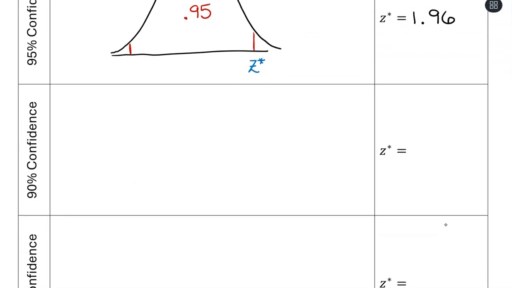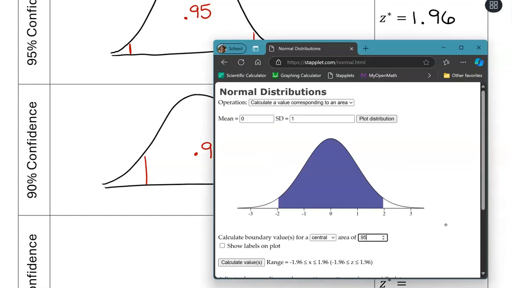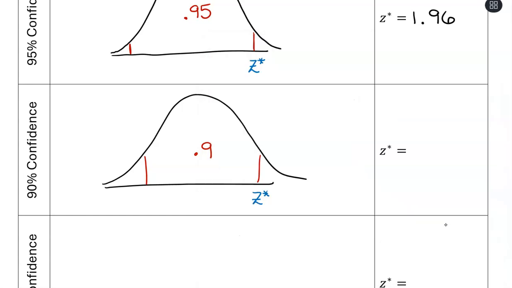Okay, the 90% confidence, same process, but now we're going to have 0.9 in the middle. So I want that critical z-score. So in Stapplet, all I'm going to do is change that area to 0.9, which is a 1.6449.